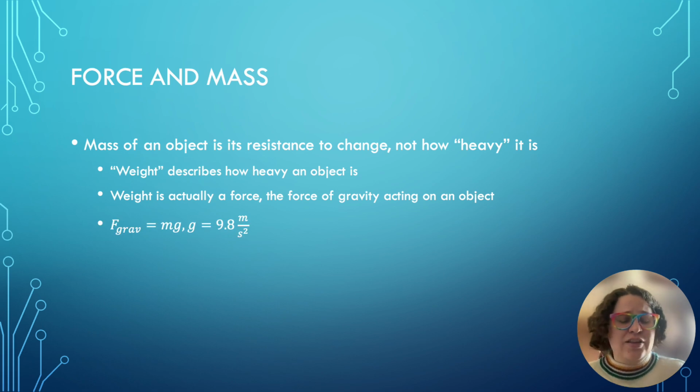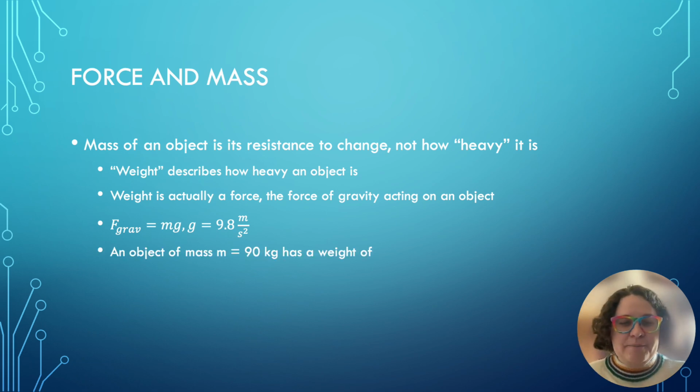In this case, the force due to gravity, or your weight, is equal to your mass times the acceleration due to gravity. And remember, the acceleration due to gravity is 9.8 meters per second squared. We talked about that back when we were doing kinematics as well.